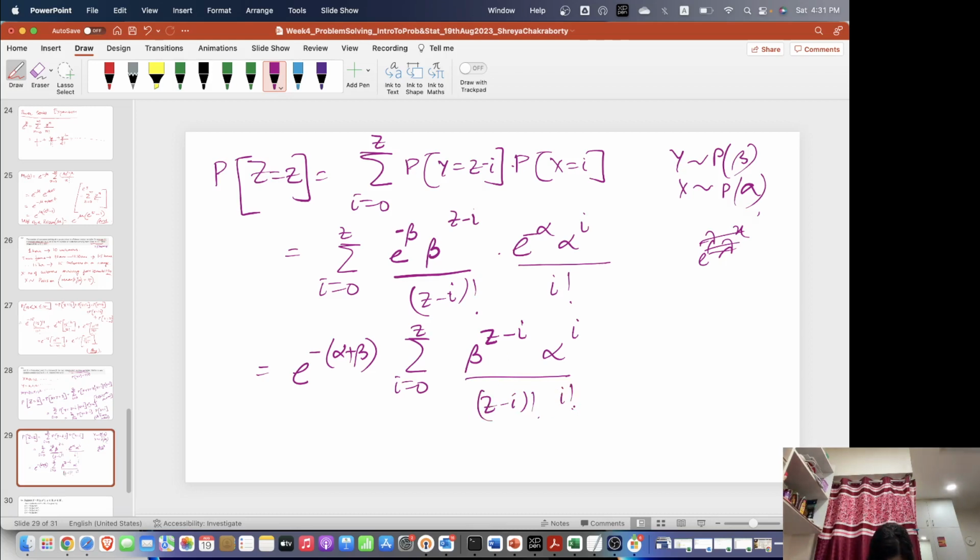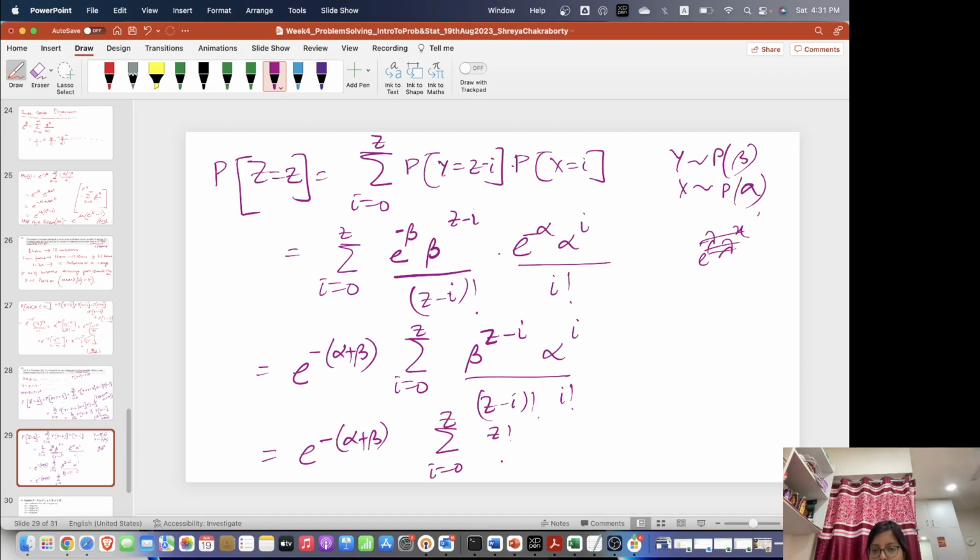I think. Okay. So then this thing we can write it as e to the power minus alpha plus beta, summation i equal to 0 to z.